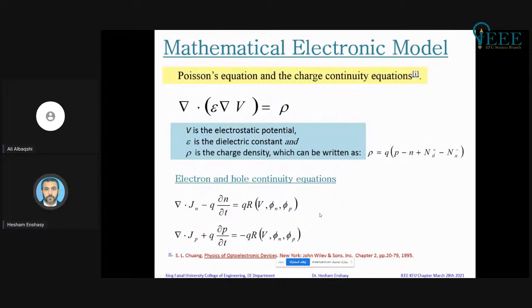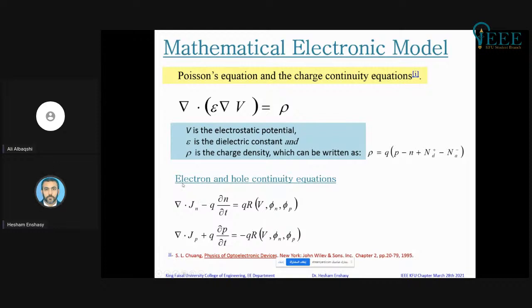Now, there is an electrical model and optical model for how we simulate these types of devices. It starts from the Poisson equation, which, for those who are familiar with it, is the divergence of the electrostatic potential equal to rho, the charge density, which is given by this equation here.